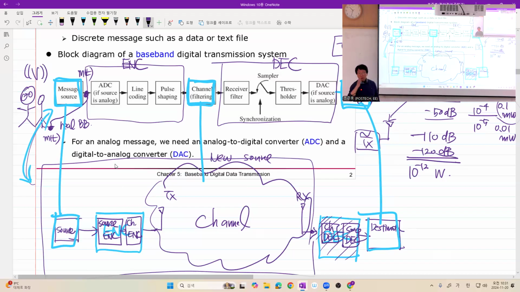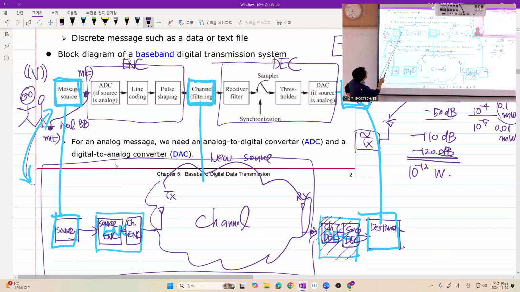But that is not always true for multiple source and multiple destination cases, or when you have some strange channel. But anyway, here, this ADC part can be viewed as a kind of source encoding.